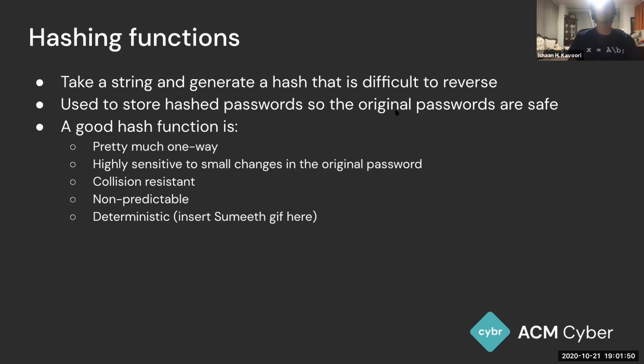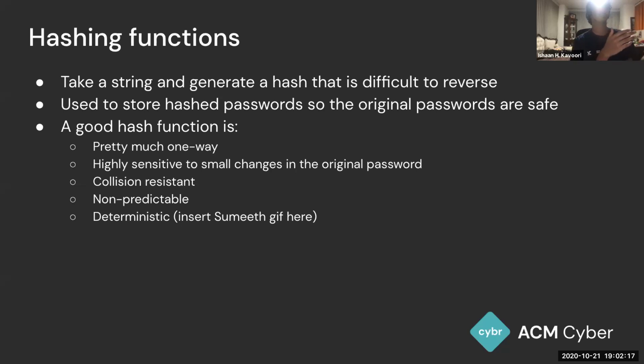So even if the hash gets leaked, the password is still in theory safe. A good hash function is pretty much going to be one way. So you run the original text through the function, get something out, and you're not going to be feasibly able to get the original text back out just given the hash.